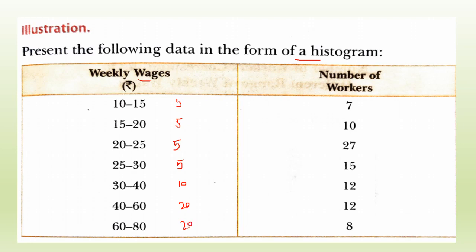Now the adjustment factor is the class interval of the concerned class divided by the lowest class interval. The class sizes are 5, 10 and 20.